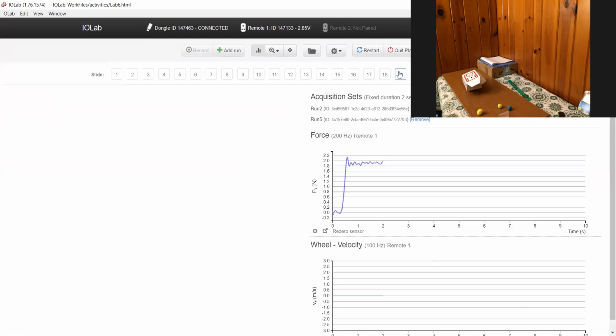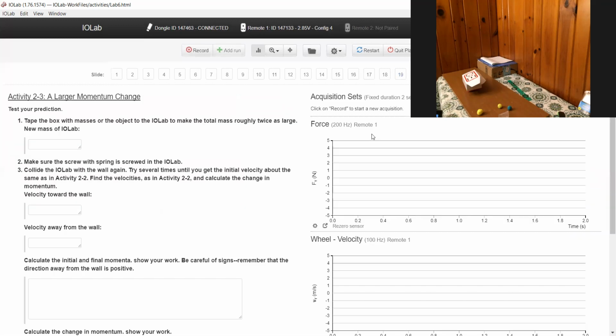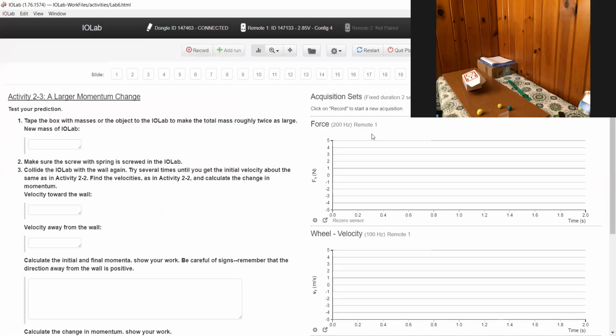You can see the initial velocity and final velocity of the lab in that slide also. What they want you to do is make the value of the initial velocity around 0.3. So you can push the lab to get a value nearly equal to the other one.